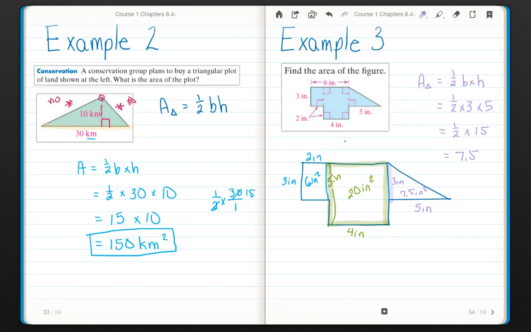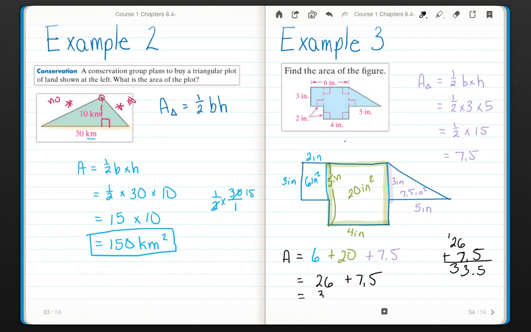To find the total area, we're just going to add. So area equals my 6 inches squared plus the 20 for my large rectangle plus 7.5 for the triangle, which equals 26 plus 7.5. 26 plus 7.5 is 33.5.